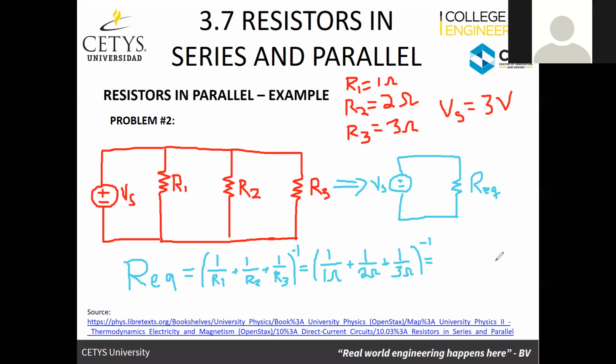Professor, yes, JC. I think that the problem said that it was 2 ohms on number 3. It was 1 ohm and 2 ohms, 2 ohms. Oh, you guys, yes, I think it's 2 ohms. Okay, the third resistor.